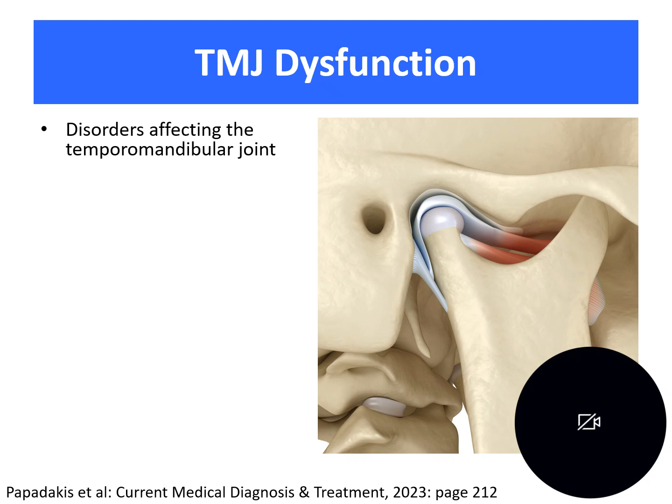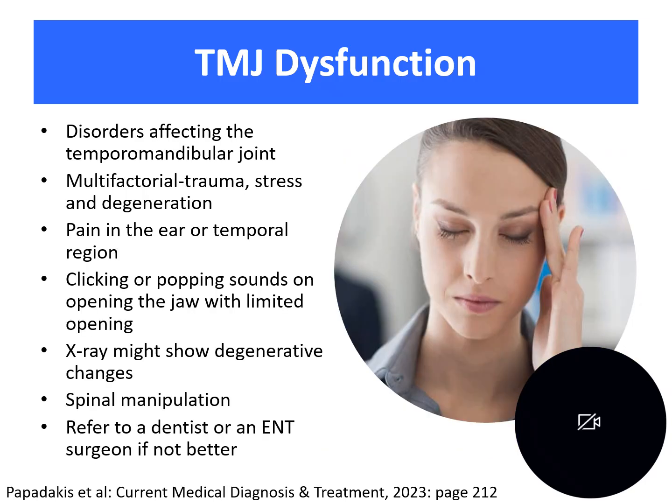This is a large group of disorders that affect the temporomandibular joint. It could be multifactorial in origin. It could be traumatic in nature. It might be stress related. It might be degenerative.